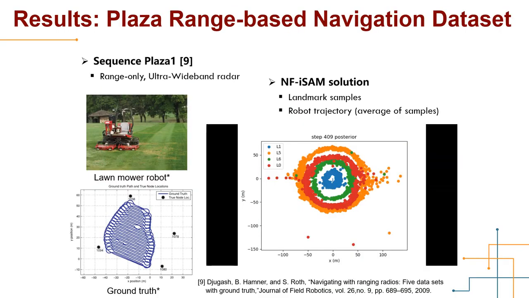Our second example uses the Plaza range-based navigation dataset. The sequence was acquired on a lawnmower robot equipped with ultra-wideband radar for range measurements. I'm going to show a video of NF-iSAM solution to the sequence. The landmarks are plotted with samples, and the robot trajectory is formed by average of pose samples.